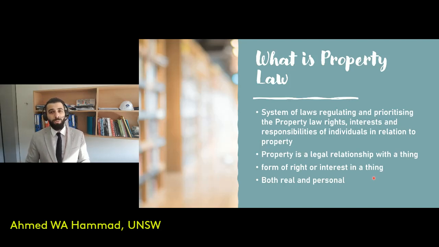So you can have tangible personal properties, for instance, a car, versus intangible property such as shares that you might own. So it's important to understand that property is not referring just to buildings. It concerns other aspects, and the way to look at it is through understanding that it's a legal relationship with a thing.